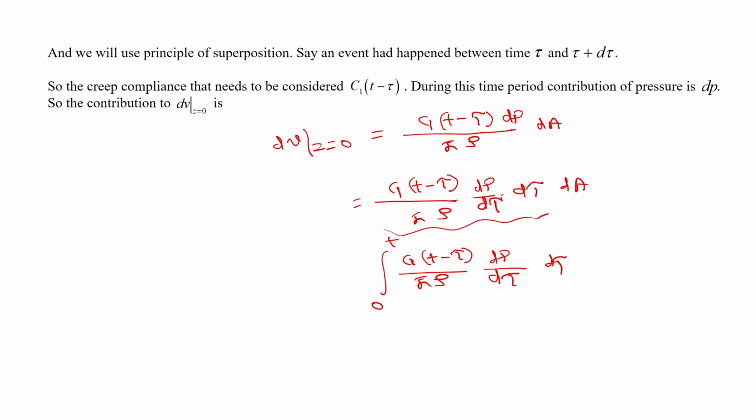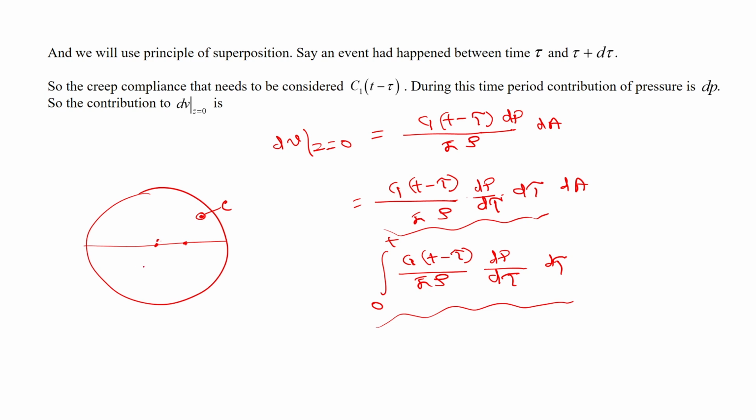Once this is done, whatever integral we get is actually for this particular point that I drew earlier. For this area element around this point, whatever the effect is with respect to time, measured from time 0, is taken care of once we do this integration.